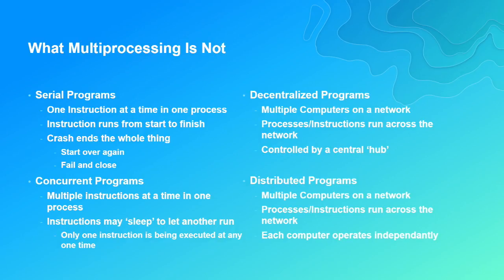Some terminology to wrap your mind around that concept: a single program running a single thread or a single process is typically referred to as a serial program. It'll run one instruction at a time from start to finish, and if the whole thing crashes, you have to start over again or deal with that problem, and it can take quite a while.